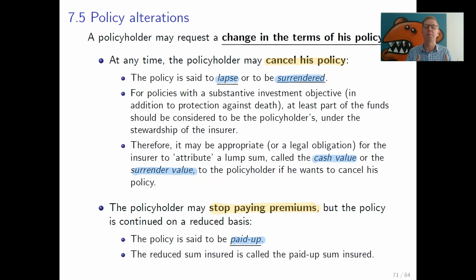After a while I don't want to pay premiums anymore, but I want the annuity, the pension, to still be paid to me. The insurer will allow you to do that, but of course, if you do not pay premiums anymore, the amount of the annuity will be reduced. In that case, the policy is said to be paid up, and the reduced sum insured is called the paid up sum, or the paid up sum insured.